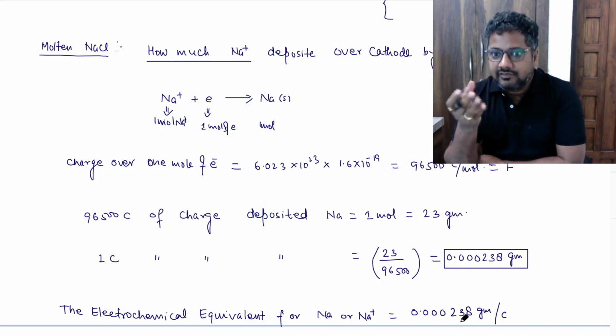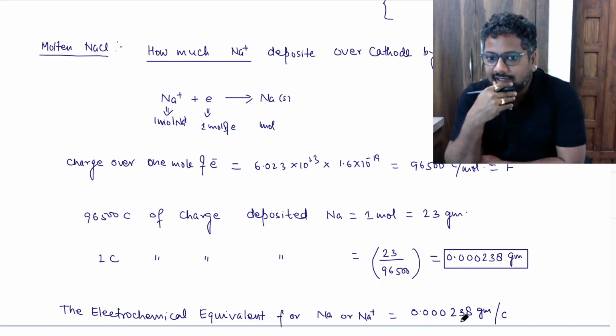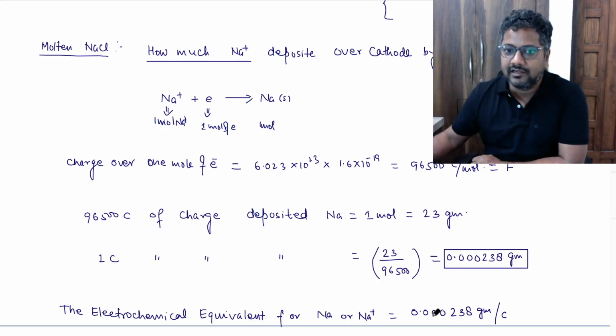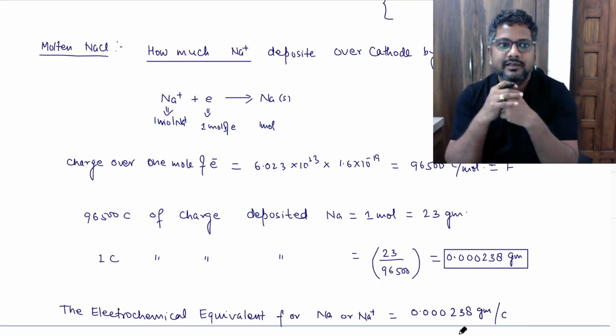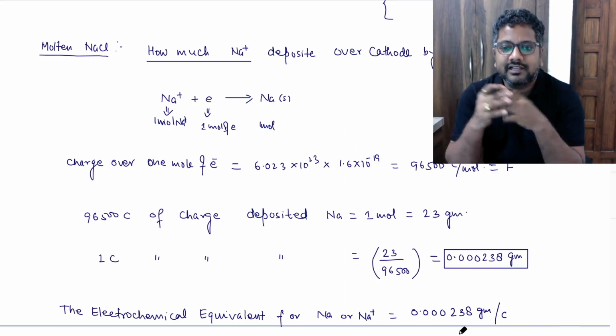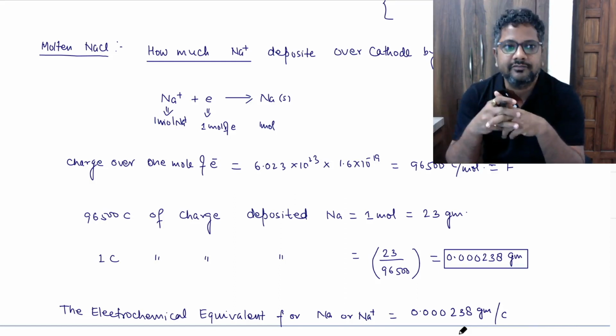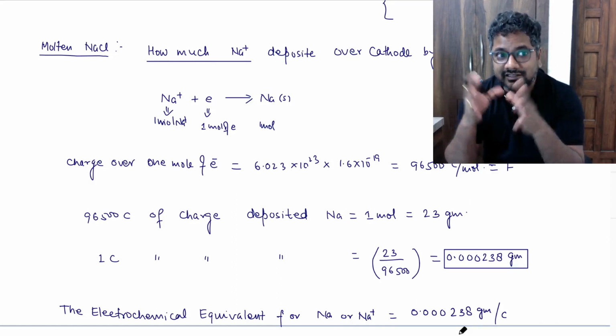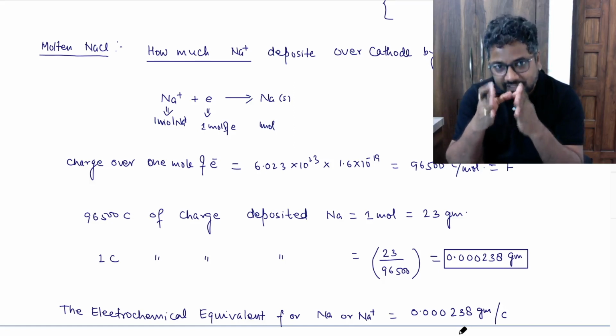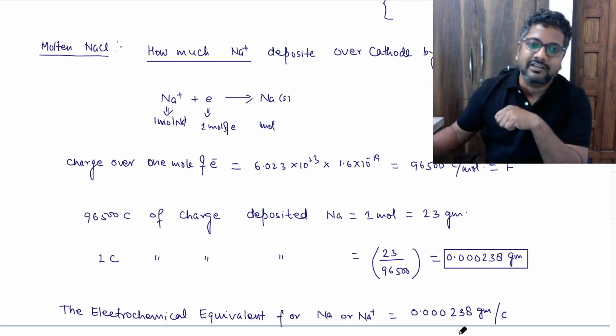So this is the electrochemical equivalent. But you can see it is difficult to use this value. This is the reason why Faraday suggested his second law, and he introduced the concept of equivalence, because in equivalence there is some simplicity over this electrochemical equivalent.